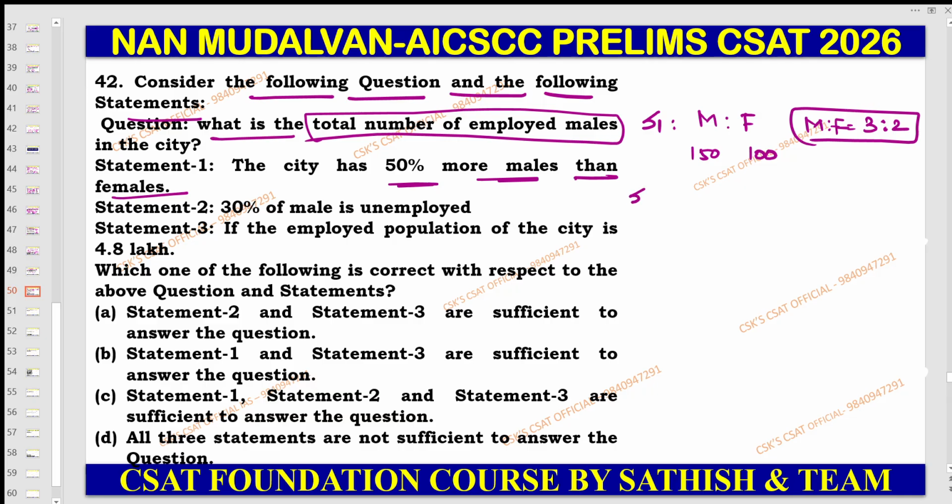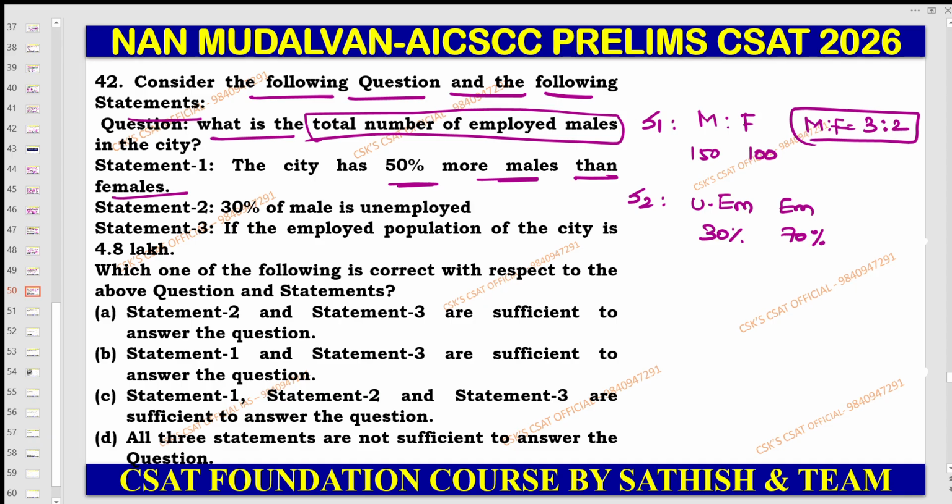Statement number 2 says 30% of the males are unemployed. Only unemployed male detail is provided, 30%. So therefore the employed males can be 70%.